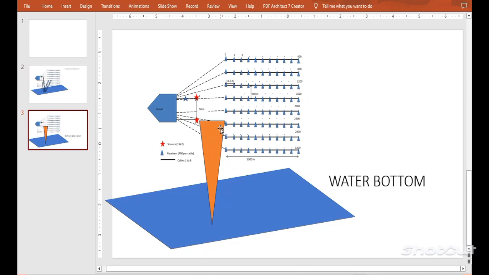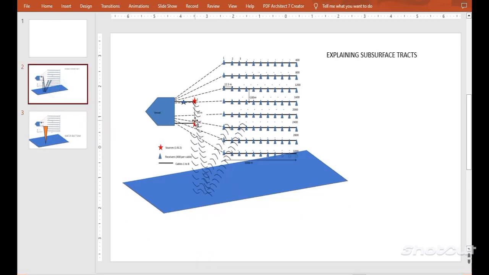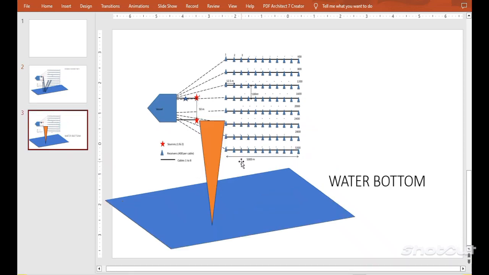This is just a simple line rule that we use in school, while what is actually happening in reality is more like this. So, establishing that this was shot from the same distance above the water bottom, it means that at this point it will take about the same travel time to reach the same water bottom.